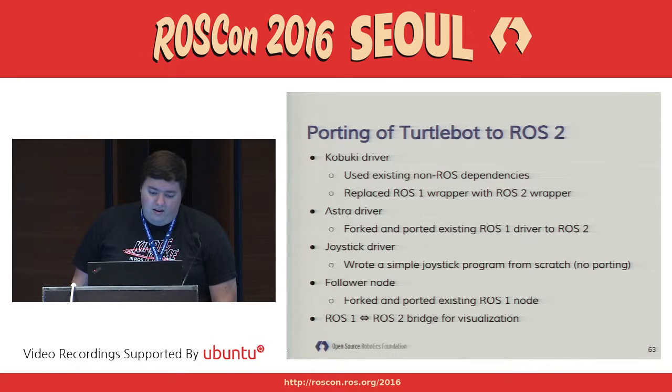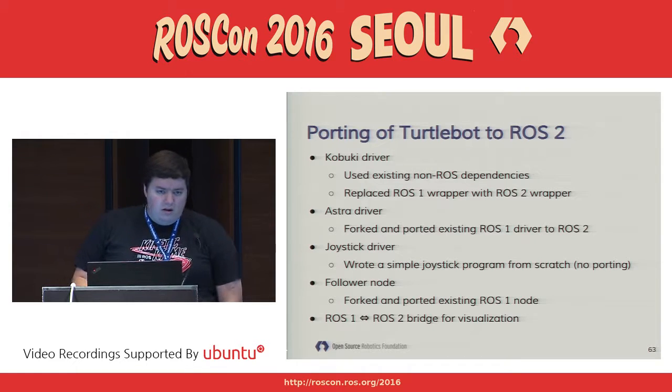But it turns out that it was designed quite well, and the vast majority of the code is not specific to ROS CPP, the actual network part of ROS 1. And so all we had to do is install the Debian packages for the dependencies of that, like all the code that actually talks to the Kabuki and does all the hardware communication and stuff like that. And then we wrote a very thin ROS 2 wrapper on top of that.